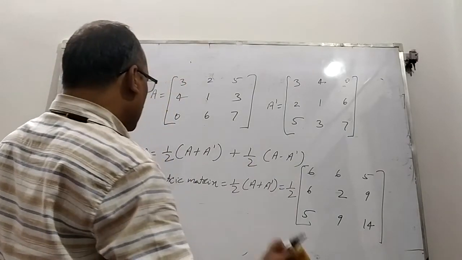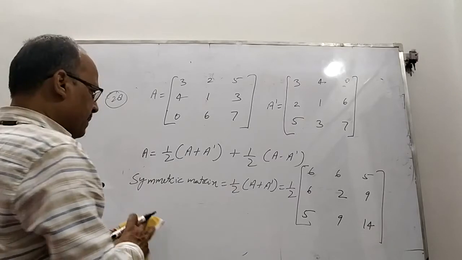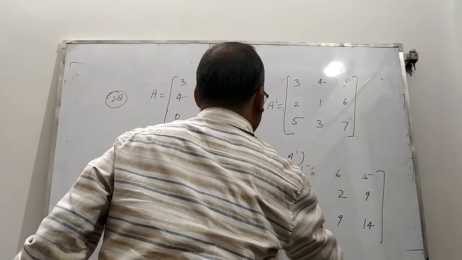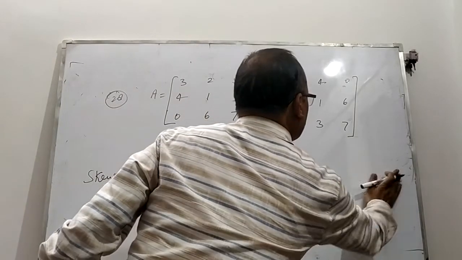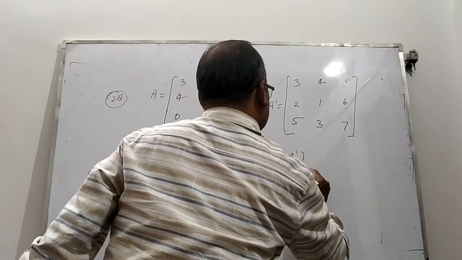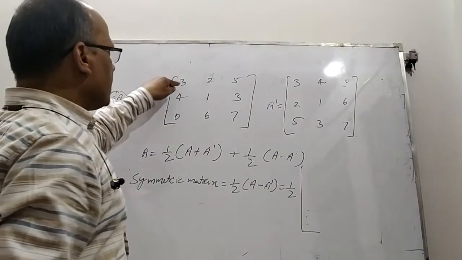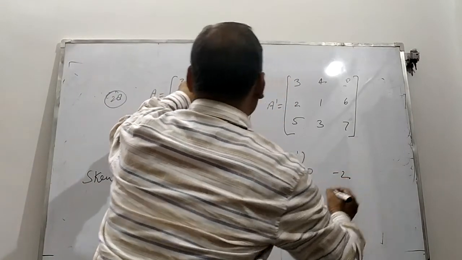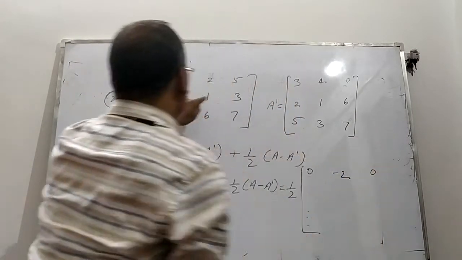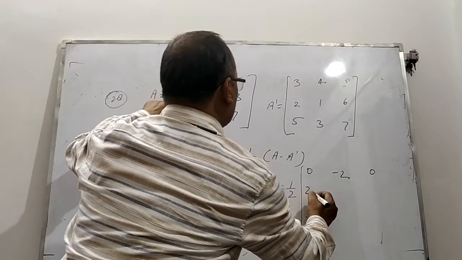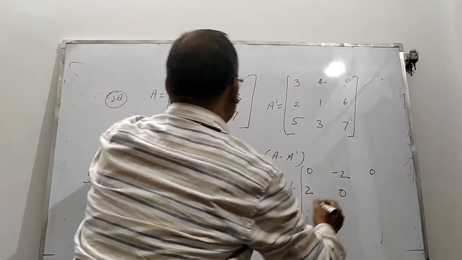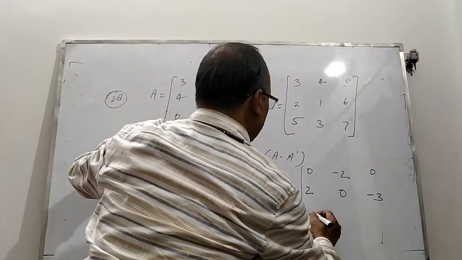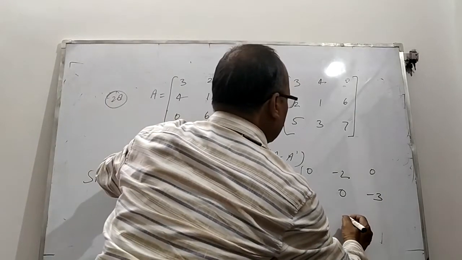Now see how you can break it into the skew-symmetric matrix. For the skew-symmetric matrix, now we'll take the difference of this. 3 minus 3, 0. 2 minus 4, minus 2. 5 minus 0, 5. 4 minus 2, 2. 1 minus 1, 0. 3 minus 6, minus 3. 0 minus 5, minus 5. 6 minus 3, 3.